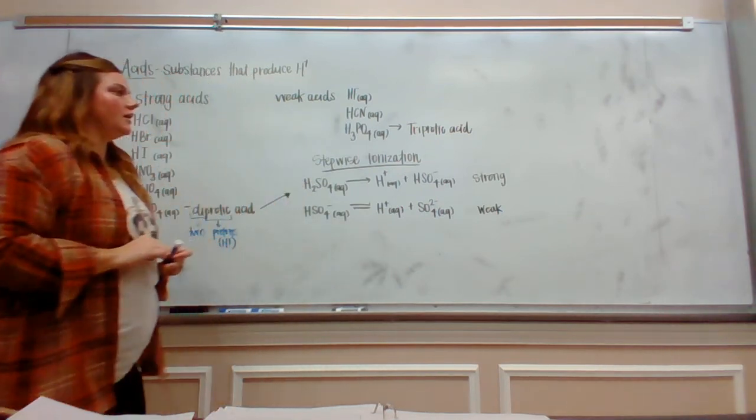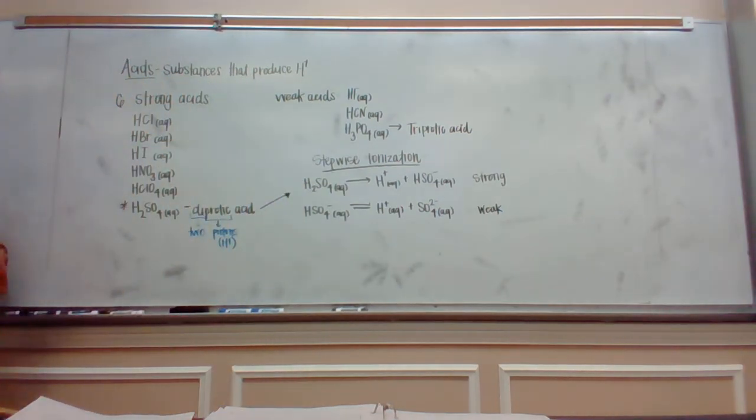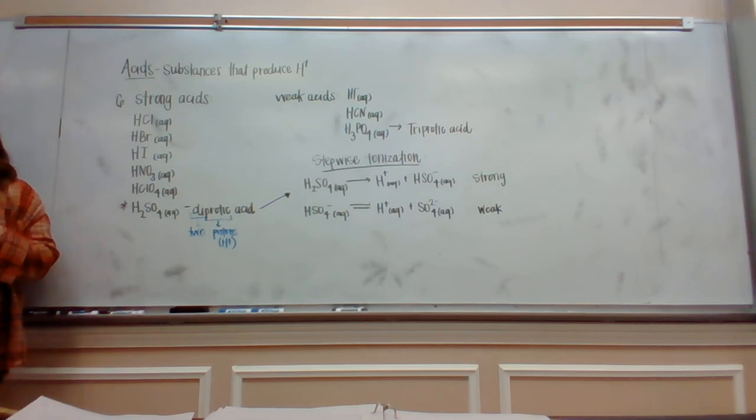And then another polyprotic acid would be phosphoric acid. We call that a triprotic acid because it has 3 hydrogens to give up.